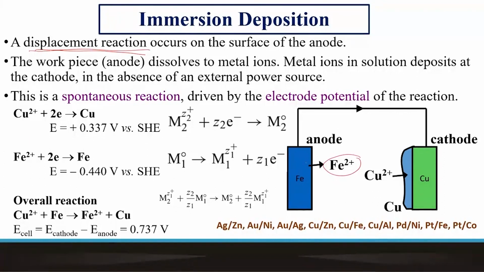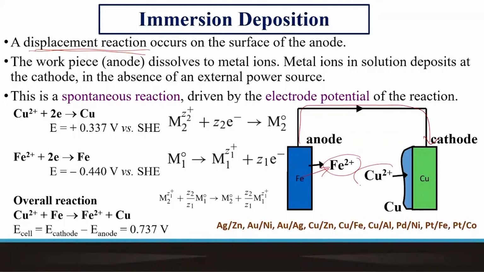And if this is connected to the other part of the system by some conduction path, the electrons liberated when iron gets oxidized flow into the other side.